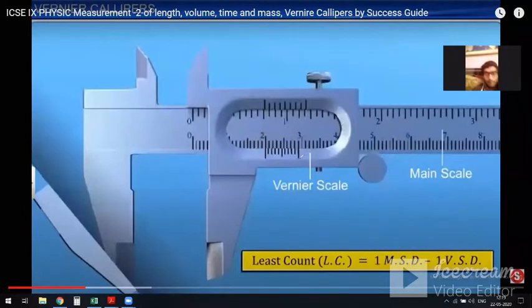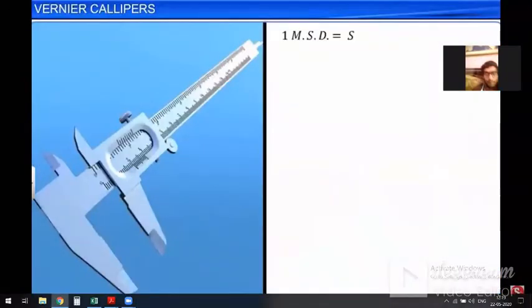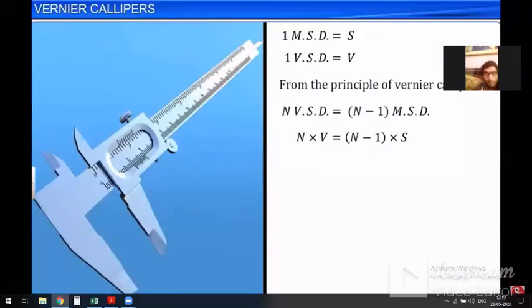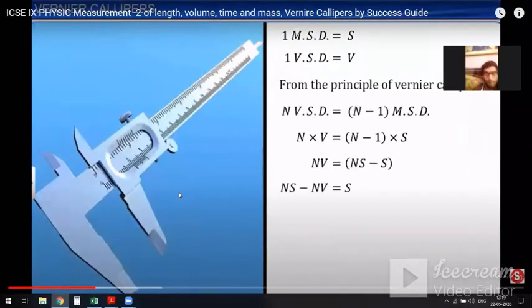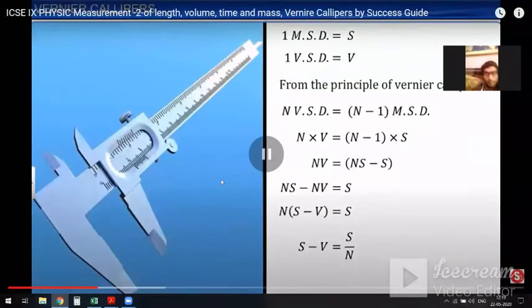Hope that your doubt is clear now. Now we are going to move forward. Let's start this. Let the value of one main scale division be S and the value of one vernier scale division be V. From the principle of the vernier calipers, N into V is equal to N minus 1 into S. On simplifying, the equation can be written as S minus V is equal to S by N. See, all this derivation that is given here, we need not understand this.